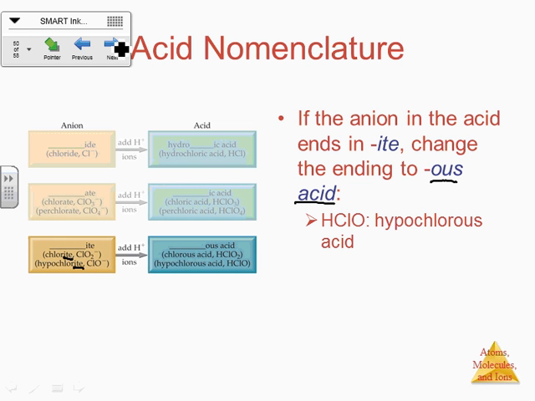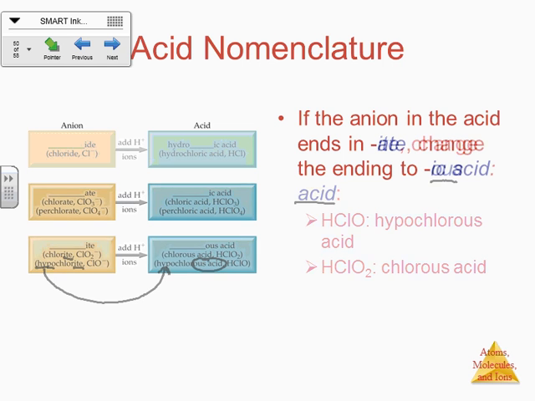An example here, chlorite becomes chlorous acid. Now if you have hypochlorite, you see how this prefix stays. Hypochlorite becomes hypochlorous acid. But the reason we have the ous acid on here is because of the ite ending on that one as well. So those are the two examples there.